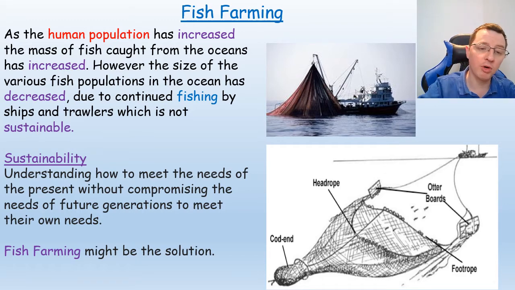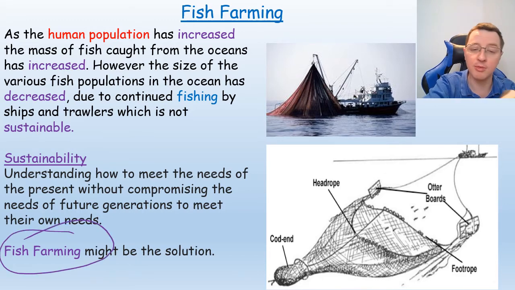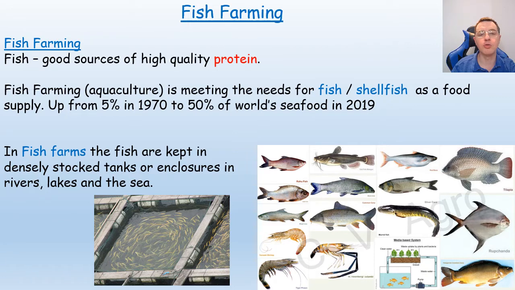So what could one possible solution be? Well, perhaps fish farming might be a sustainable solution that will provide the human population with a source of fish which will be sustainable. Fish are a good source of high quality protein, and fish farming or aquaculture is meeting the needs for fish and shellfish as a food supply.